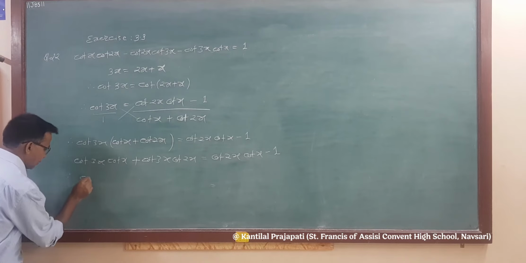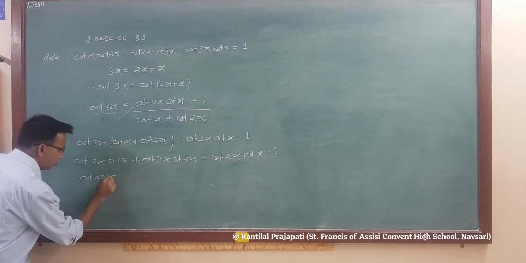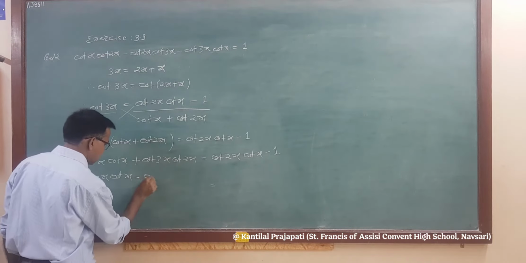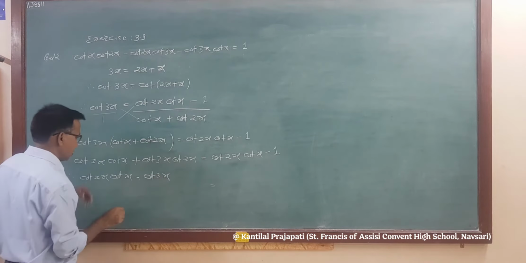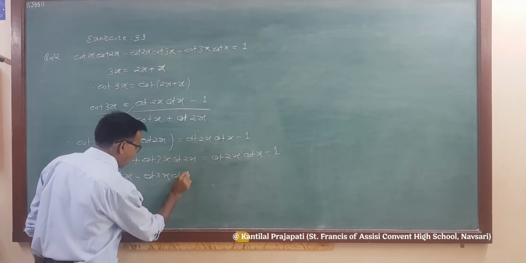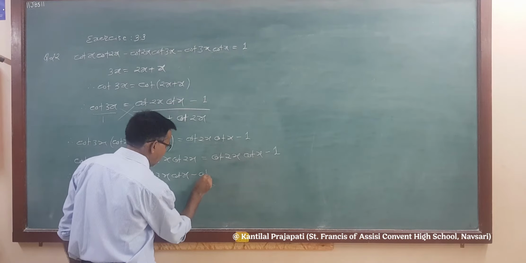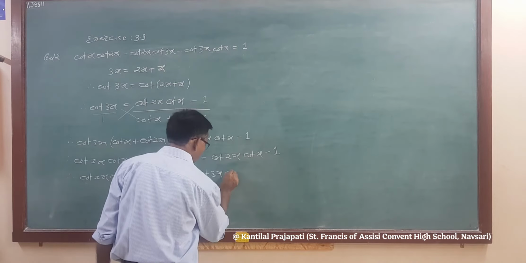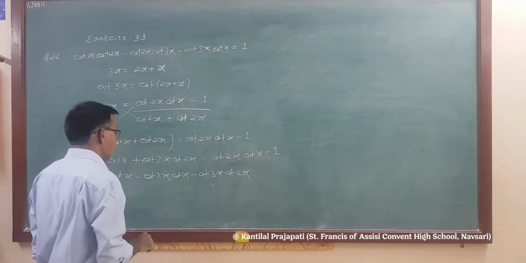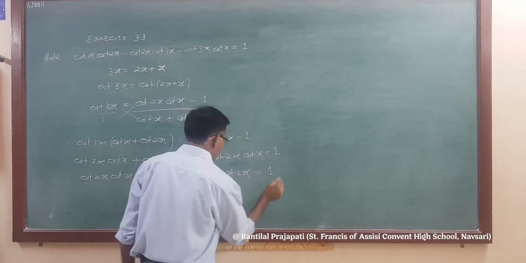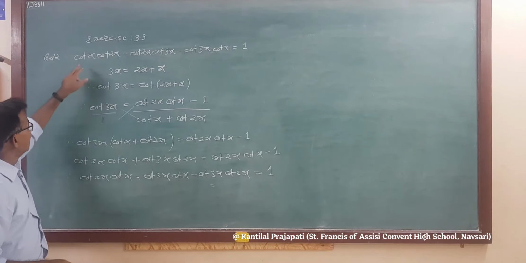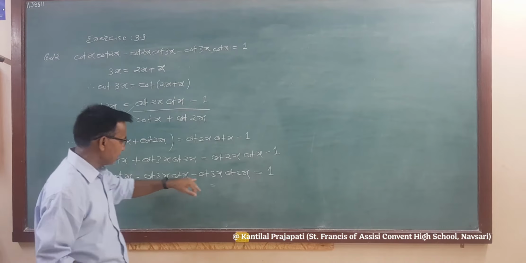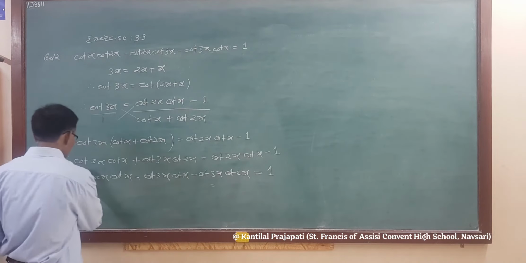So we get cot 2x into cot x minus cot 3x into cot x minus cot 3x into cot 2x is equal to 1, the required result.